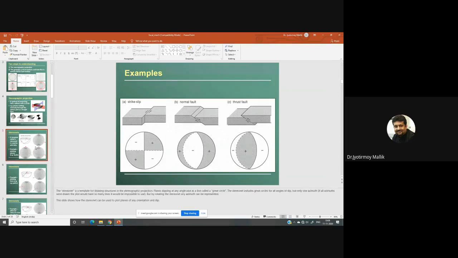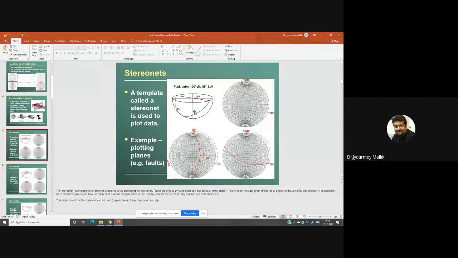We said that a plane in a stereographic projection is represented by a line, which you draw parallel to a great circle, and it can come anywhere. Of course, you remember how we have drawn a particular plane on a stereographic projection. We talked about it before.